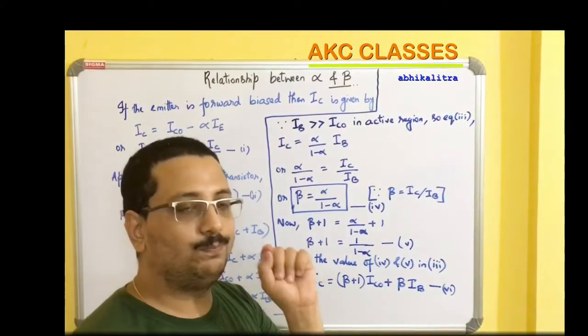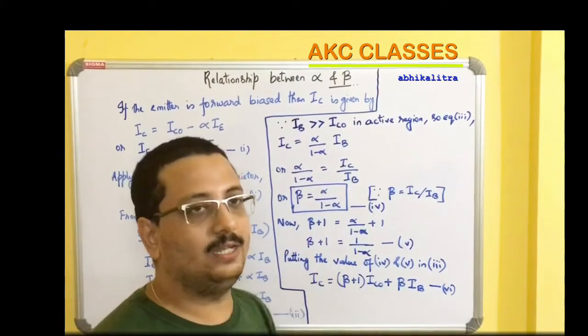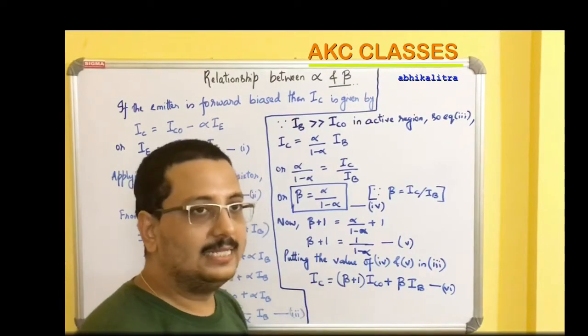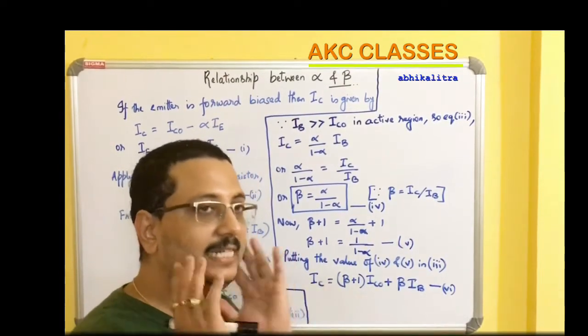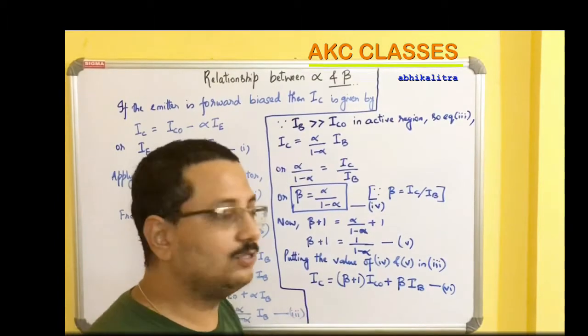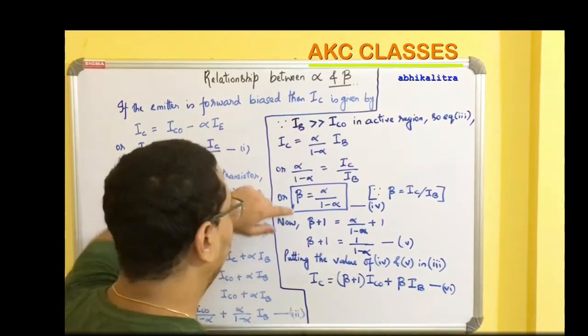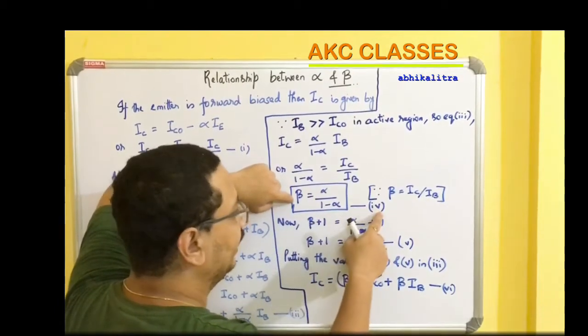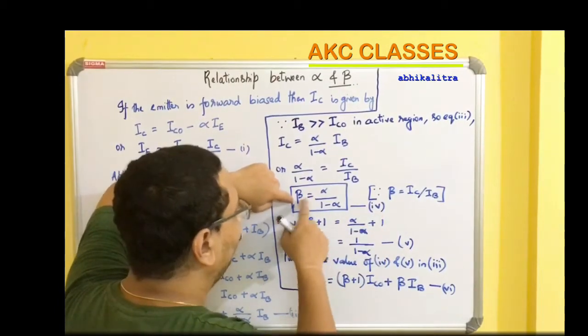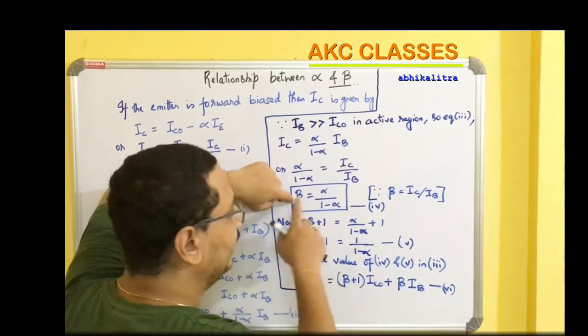We will try to put a slight modification in the equations that we have already done, because it will help in solving our numerical problems, so that we will have a direct formula to put the values into, right? So after we obtain beta equals alpha by 1 minus alpha, we mark it as equation 4, and we add 1 to both sides of this equation.